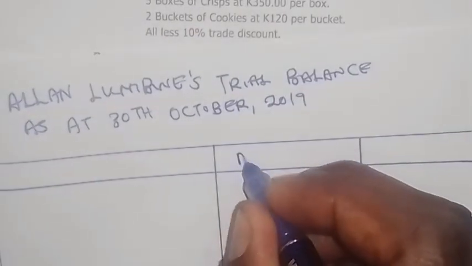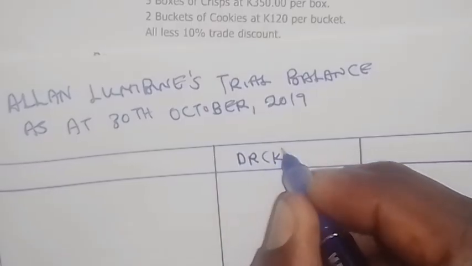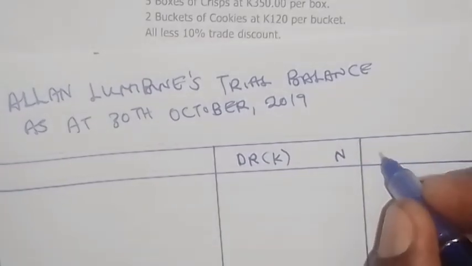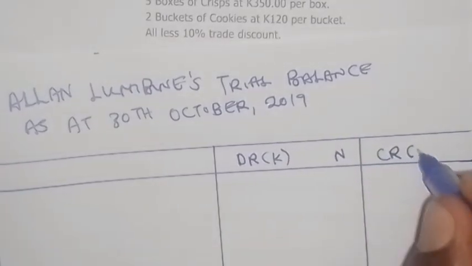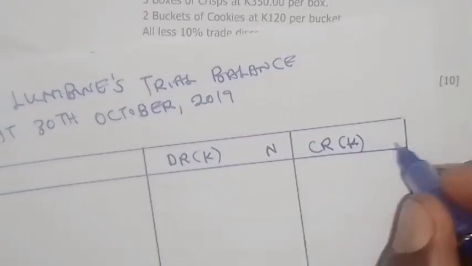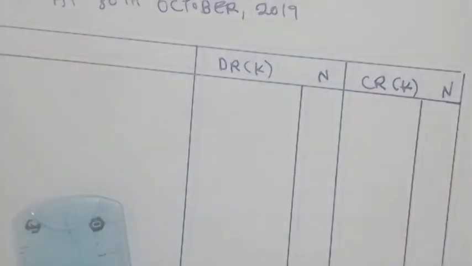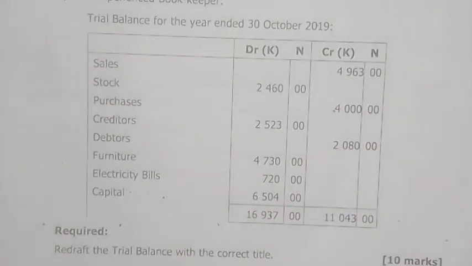Okay, so then what you have there is DR, that is a debit, and then we have the N, that is Ngwe, and then we also have this, and the Ngwe is there. Okay, and then this is going to be followed by this small line. Okay, so I'm just trying to replicate these guys.